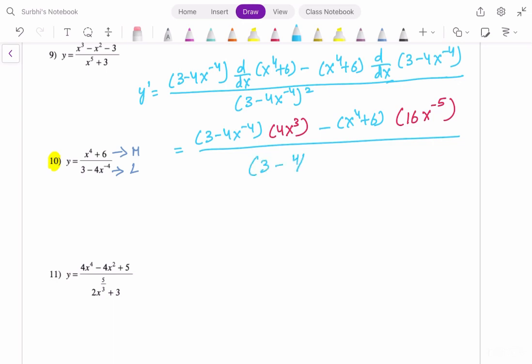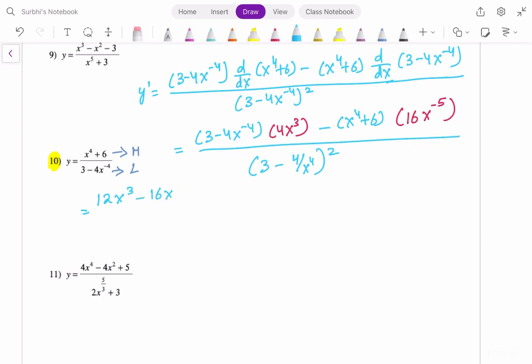Now remember, we have a negative exponent in the denominator, so I can bring it down as the fraction. And after this, we will do the distribution part for the numerator, and then we will simplify the denominator as well.